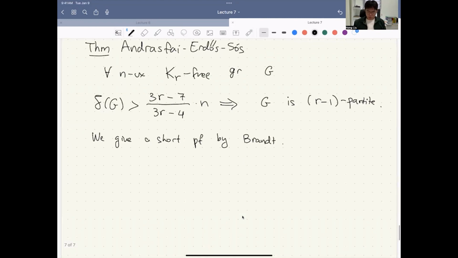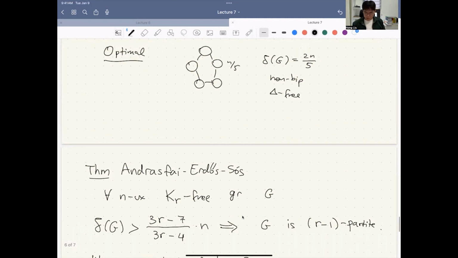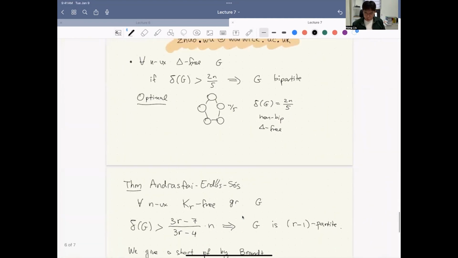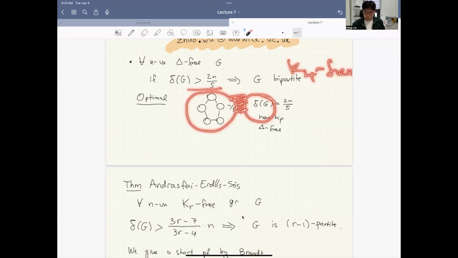Before we give this proof, again, I want to say this bound is tight. What's the tight example? Let me show you a trick. If for some triangle free graph you have some extremal problem with a tight construction, then when you go to K4 free instead of triangle free, all you need to do is add one more part completely joined to the previous one.